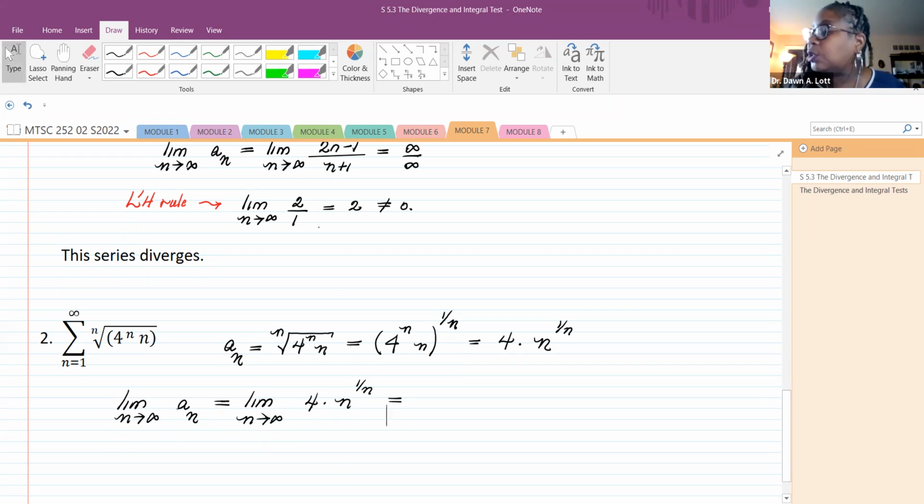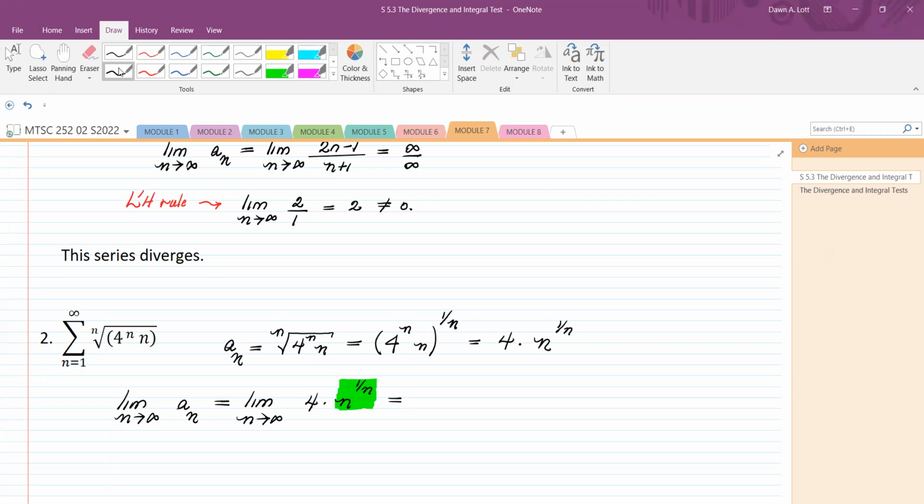Now this is a special limit. We talked about this one, guys. You remember? This was one of those special limits I said you need to commit to memory. What is the limit as n approaches infinity of the nth root of n? It's 1.